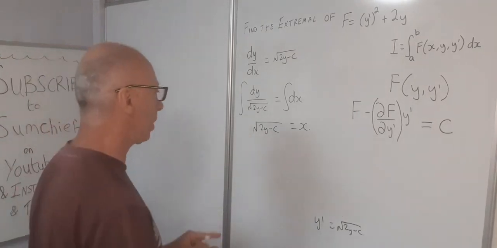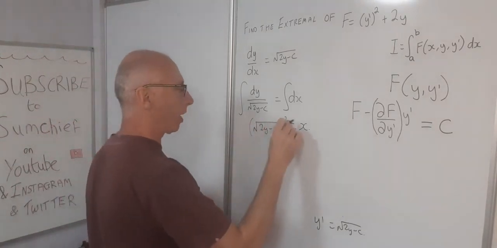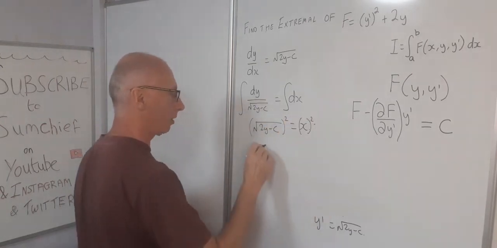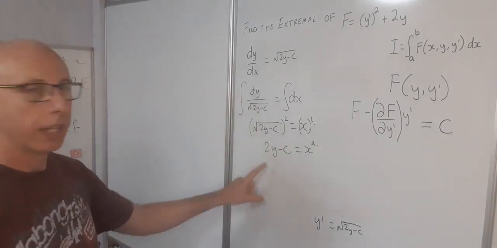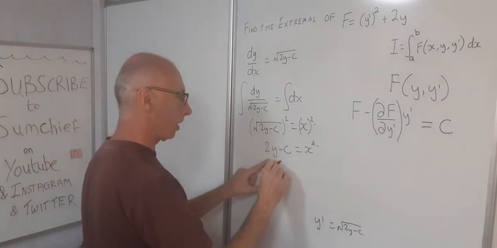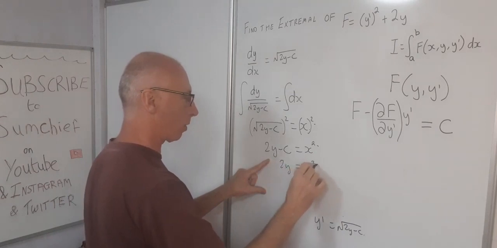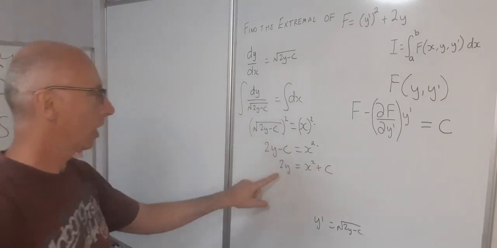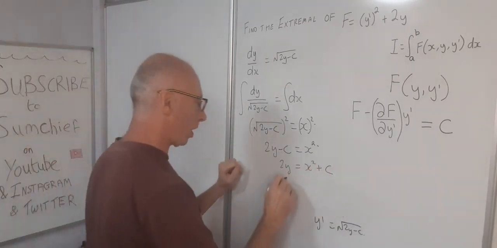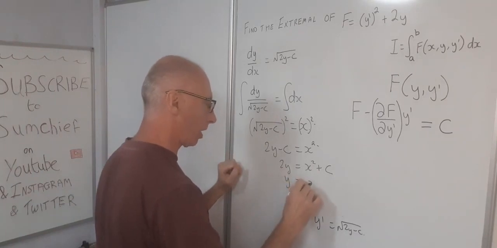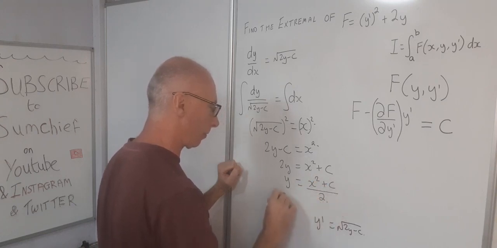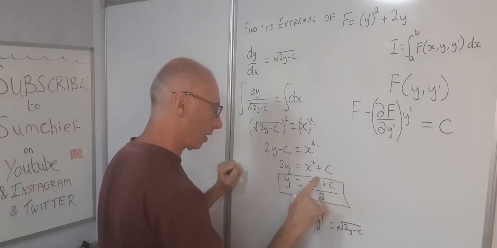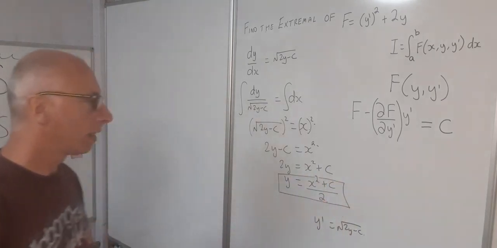We just square both sides. So 2y minus c equals x squared. Now bring the c over to the other side. 2y equals x squared plus c. So now we've got y isolated: y equals x squared plus c, all over 2. And that is our solution.